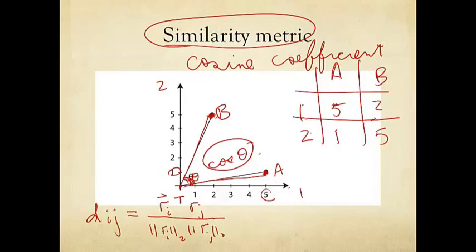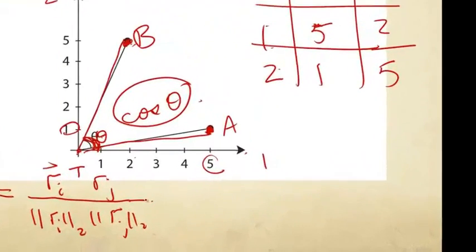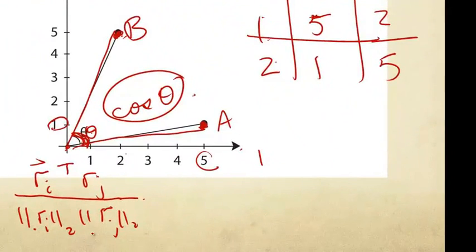So we can view these two ratings for two different movies as two vectors, Ri and Rj, and the cosine of the angle is the standard formula, which is just their inner product normalized by the sizes.